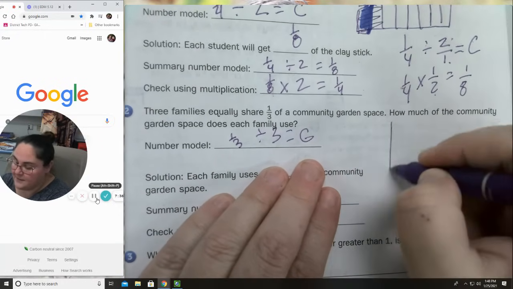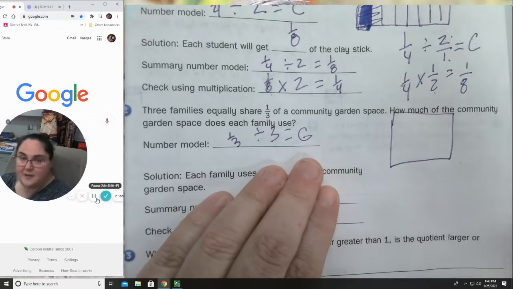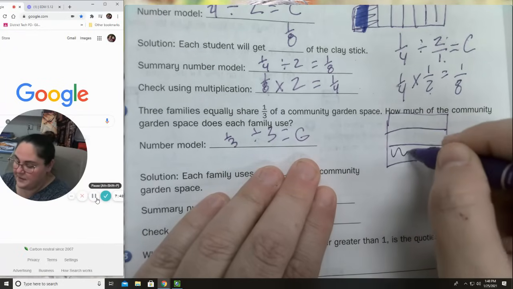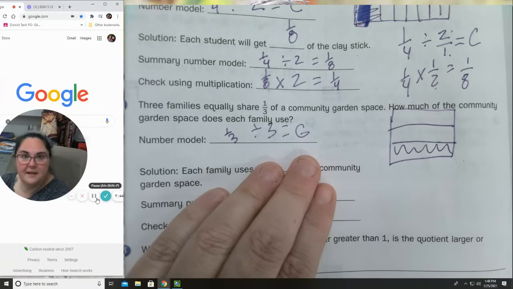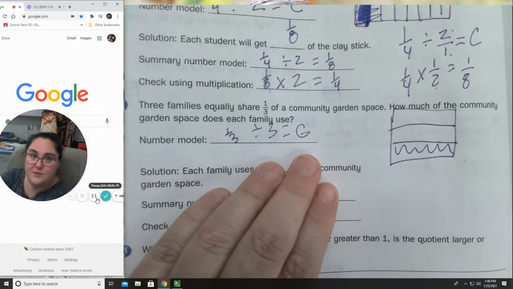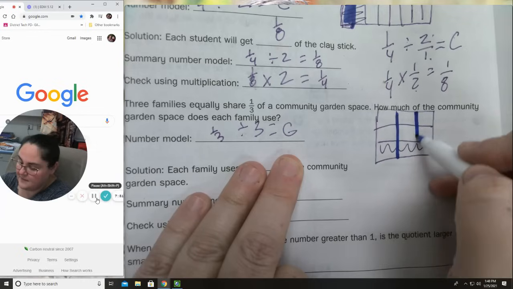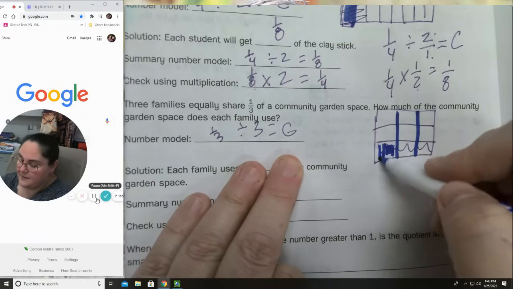Now I'm going to draw my garden. Here's my community garden. They get 1/3, right? Now those 3 families have to split that 1/3.